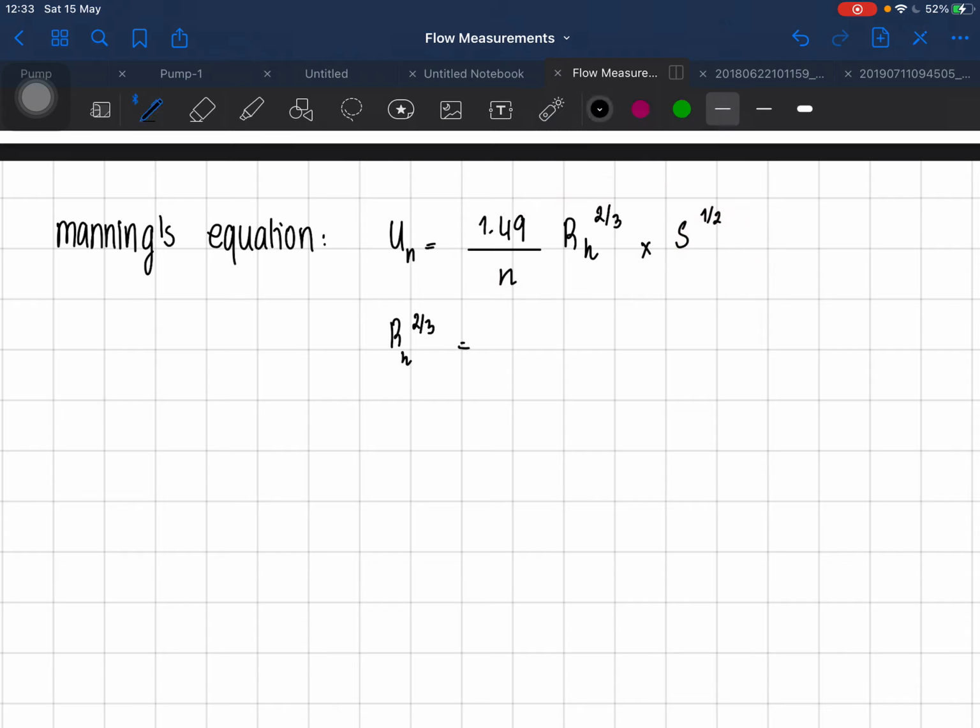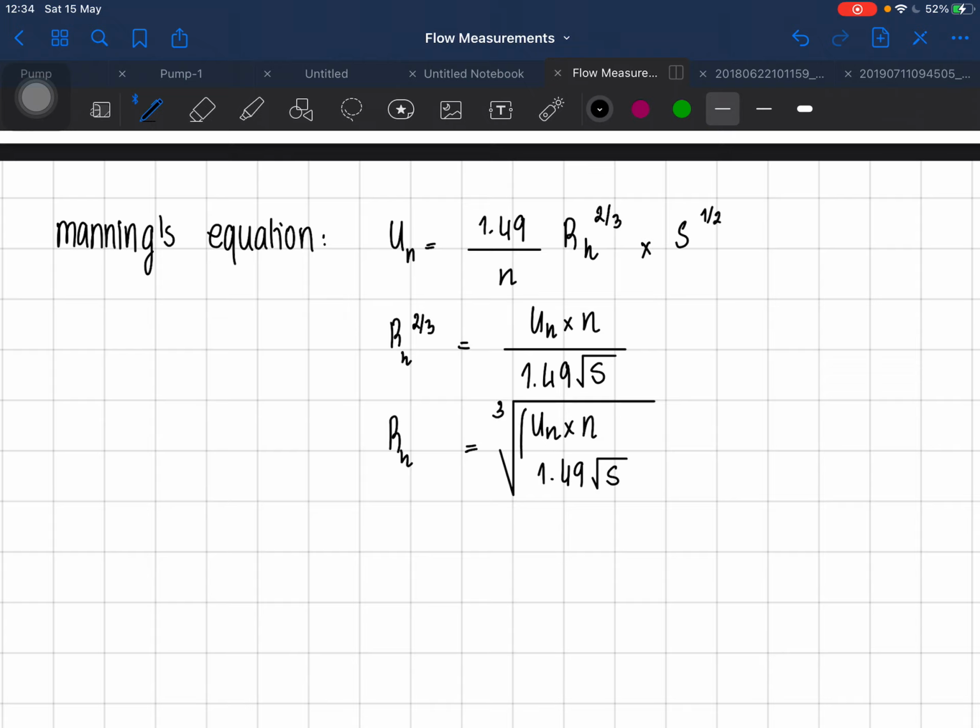So now we have V times n, which is the coefficient, over 1.49 square root of S, and then we have R_H.